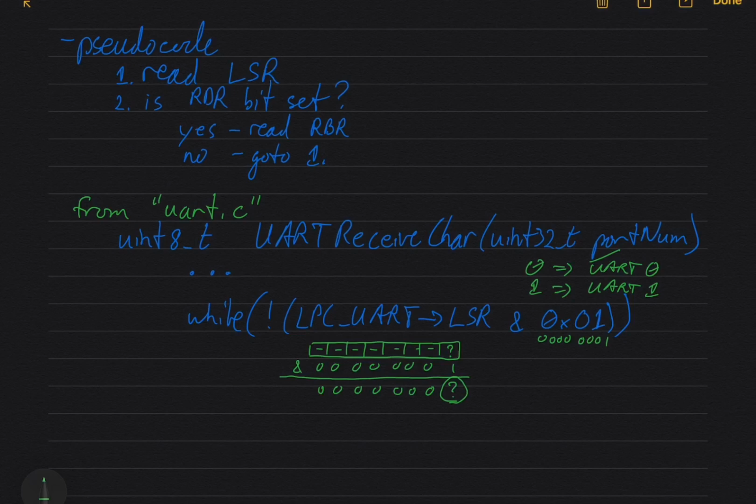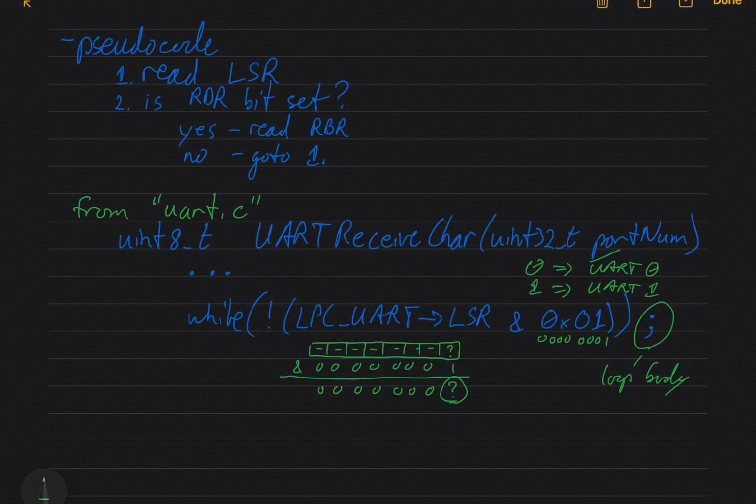And there's nothing else to do in between reads, at least in this code, in between reads of the line status register. So this is the loop body right here. It's a single statement, so it's basically doing nothing. Everything is in the loop condition.